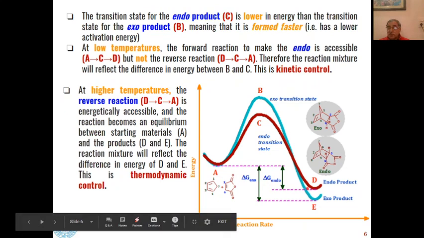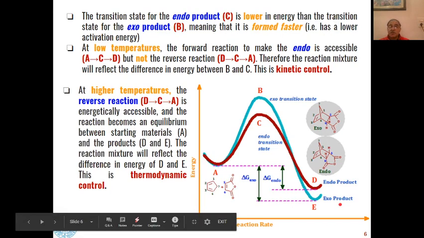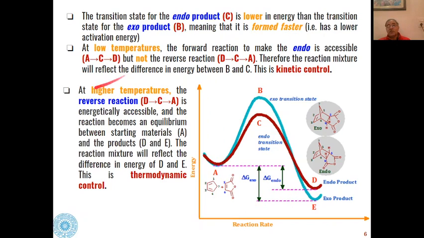That means it can go back, and then it can achieve the exo transition state, and it can give us the most stable product, which is the thermodynamic control product, that is, the exo product.